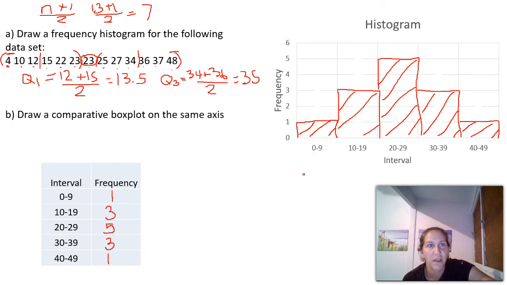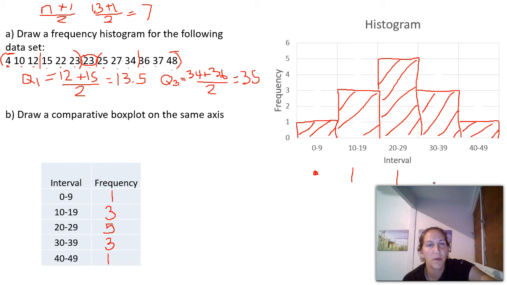I have a value of 4 for my minimum, so right about here. Draw my dot. My lower quartile is at 13.5, so let's say right about here. My median is a value of 23, so right about here.